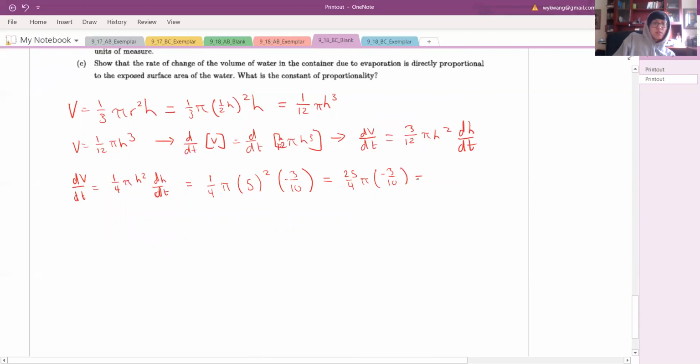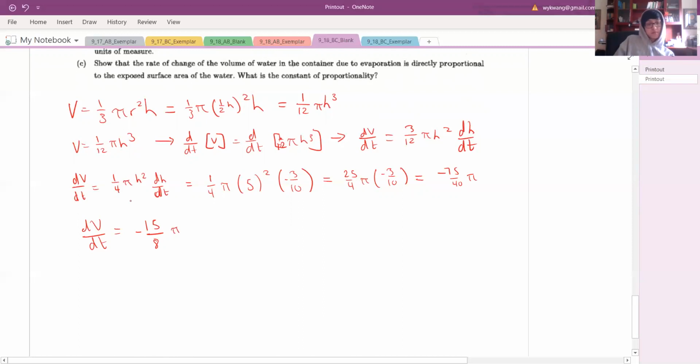Am I on the right track with this? Okay, so -75 over 40, right? -3 times 25 is -75, 4 times 10 is 40. And that is all equal to dV/dt is equal to -75 divided by 5, which is -15, and 40 divided by 5 is 8, so -15 over 8 pi.